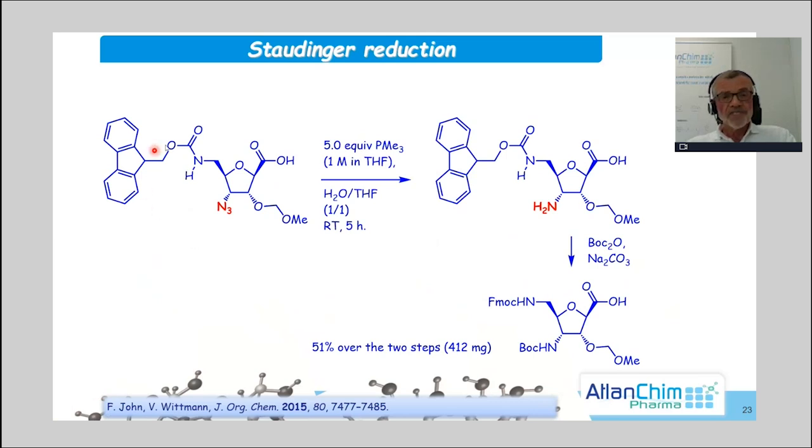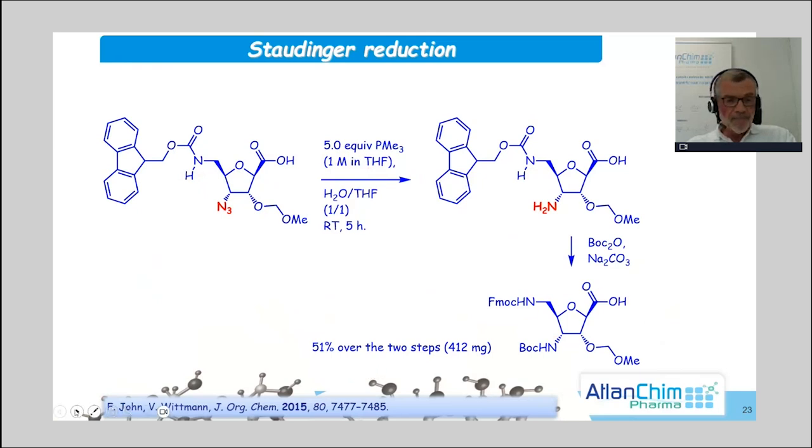For the reduction of this azide here, with this labile protecting group under catalytic hydrogenation, treatment with a 1 molar solution of trimethylphosphine in THF and water, followed by protection of the resulting free amine here with Boc2O, afforded this protected amine in a 51% overall yield.